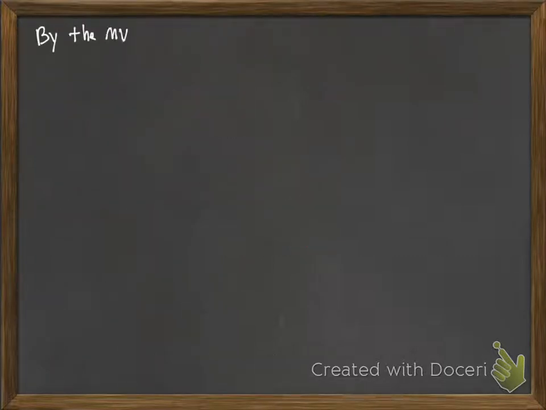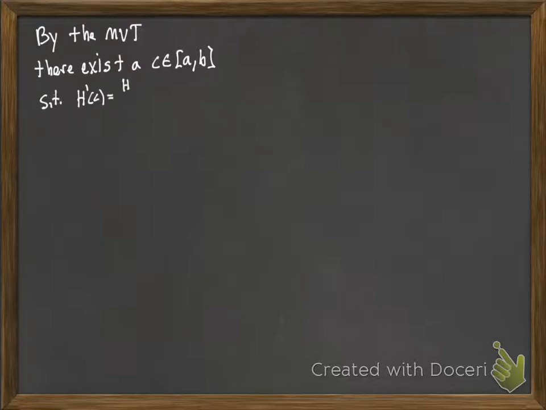That theorem was the mean value theorem. We know that there has to exist a point c in the interval (a, b) such that H prime of c is equal to H of b minus H of a over b minus a. That's the mean value theorem.